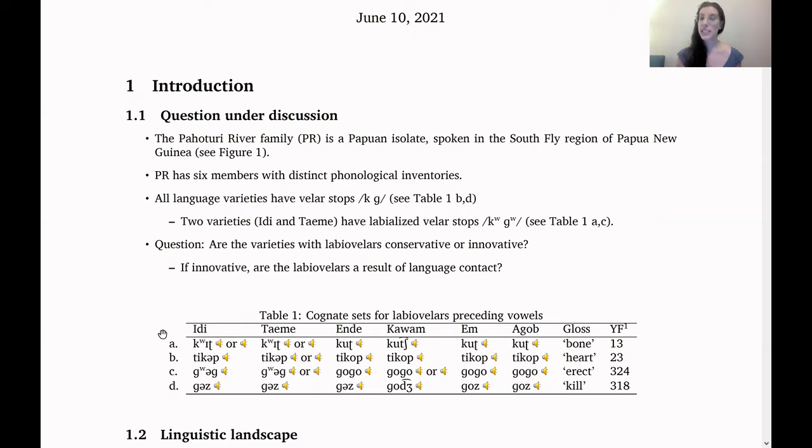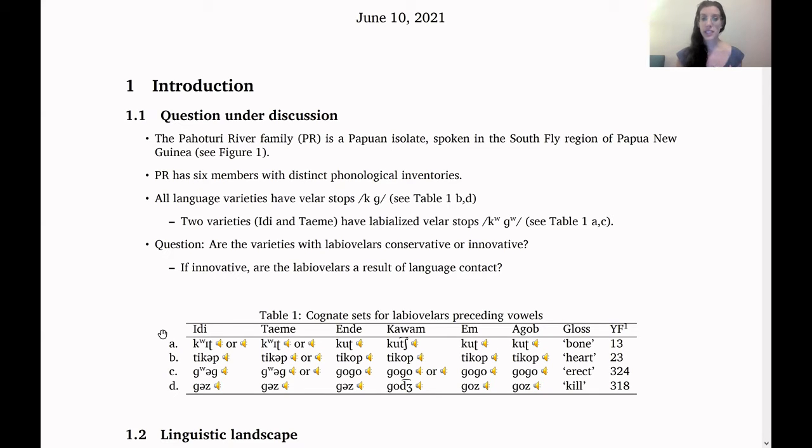We have Idi, Tame, Ende, Kawam, Em, and Agob. Idi and Ende have the most work that has been done on them. The other 4 have just very basic cursory documentation, basic word lists, typological surveys, that kind of thing. But Idi and Ende are the 2 languages that we know the most about.